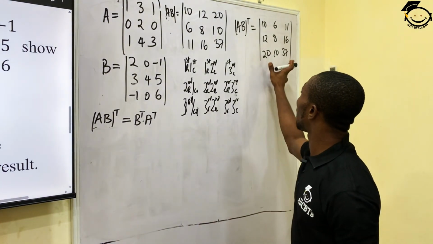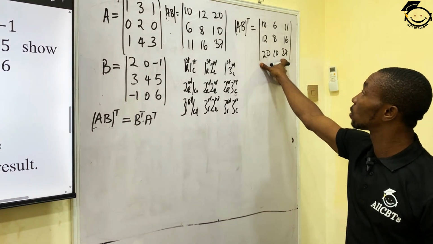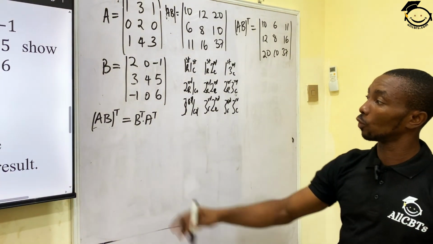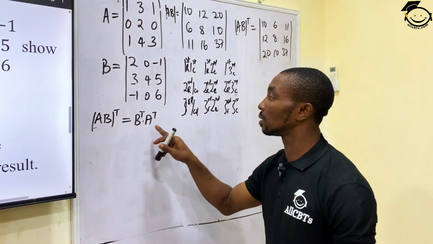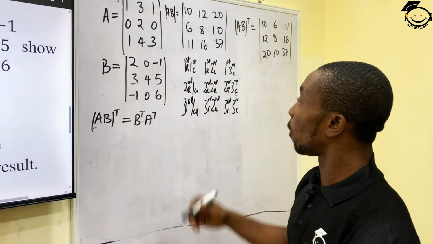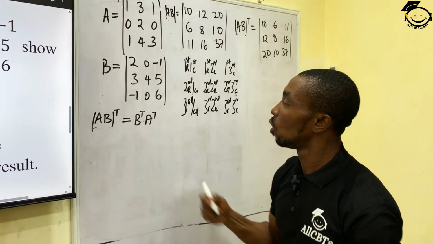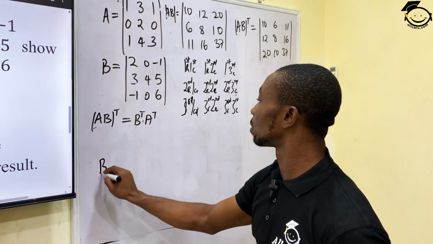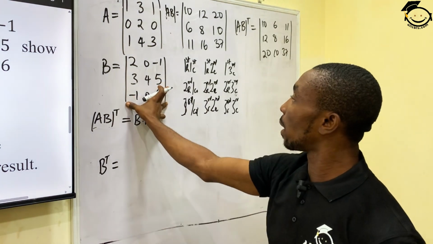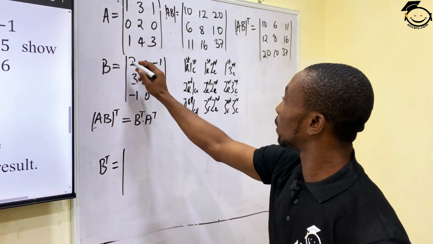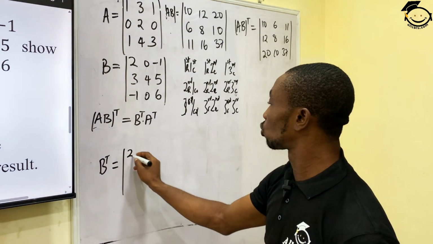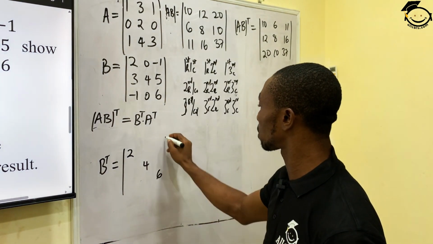All right. So after having our AB transpose as this, we still need to find our B transpose and A transpose. Now, remember how we got our transpose from this to this. So for B transpose, we look at our matrix B. Our diagonal will keep constant: 2, 4, 6.